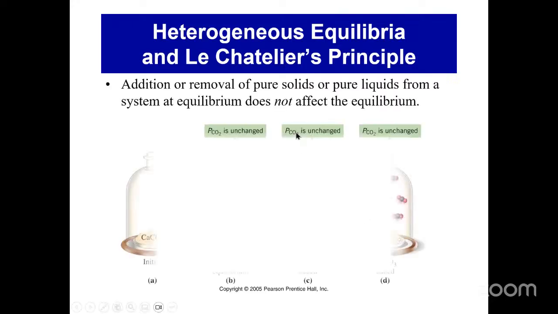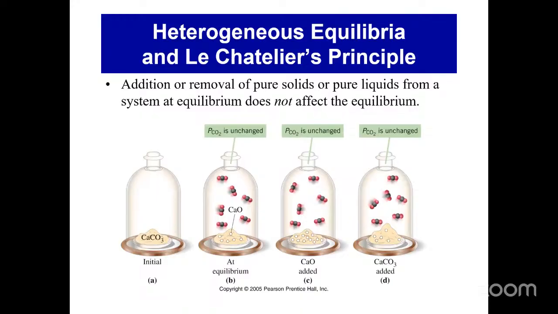So you can have a situation where you have a reaction where solids and gases are involved, such as this example right here. Now, the actual reaction that this is dealing with is the decomposition of calcium carbonate solid to form calcium oxide solid plus carbon dioxide gas, all right? So this is an example of a heterogeneous equilibrium system because you have solids and gases involved, right?